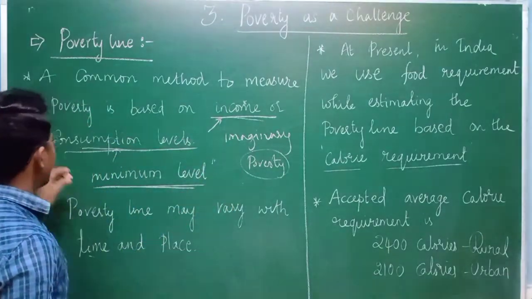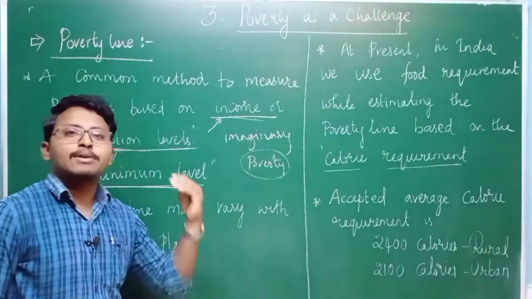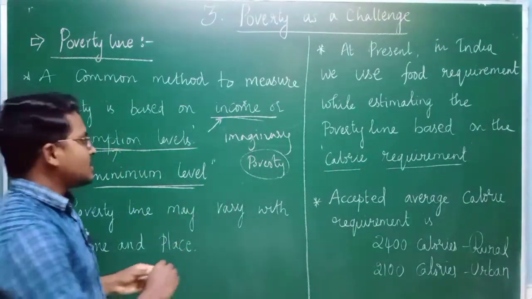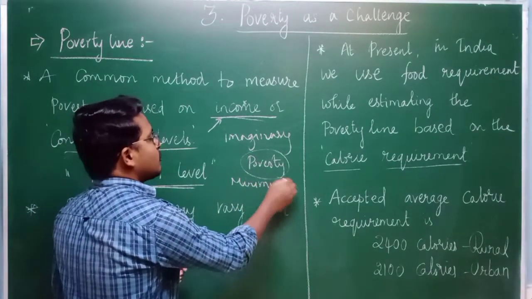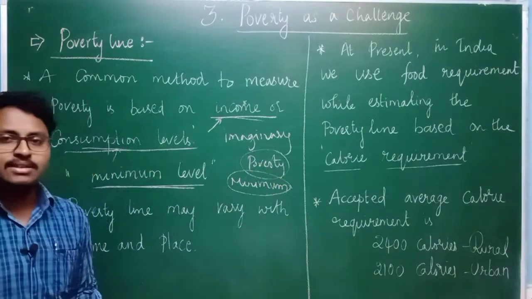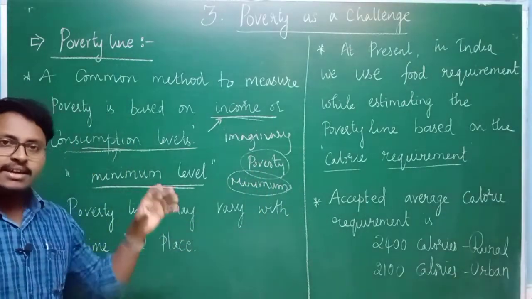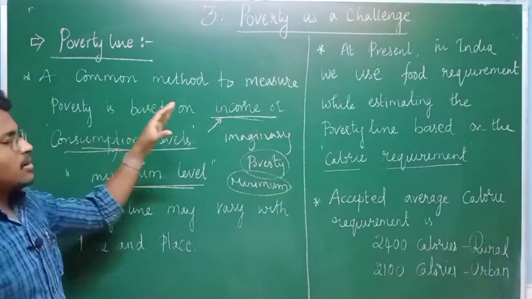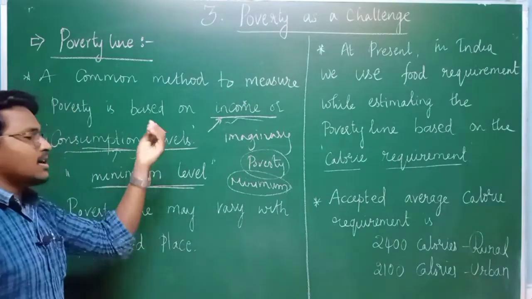At the same time we can also take consumption levels, where consumption varies from person to person, but there is a minimum level of consumption, and if the person is not able to reach that minimum level of consumption, then we can consider them as poor. So here in India, mostly the method which we use is either income or consumption levels.